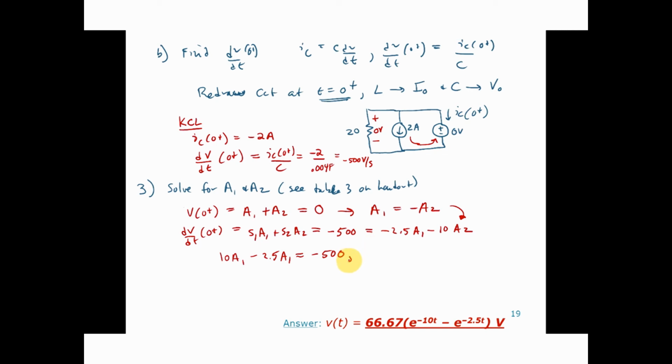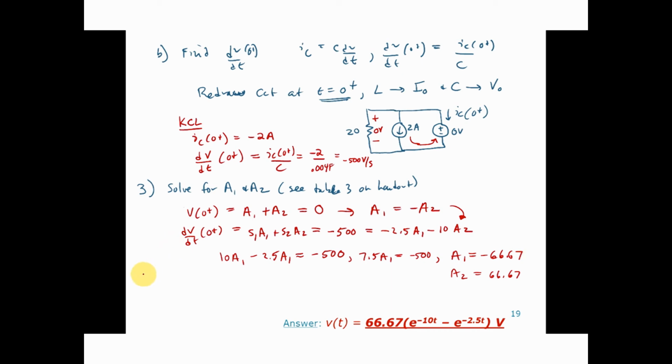And therefore 7.5 A1 equals minus 500. And therefore A1 equals minus 66.67, and A2 equals 66.67.